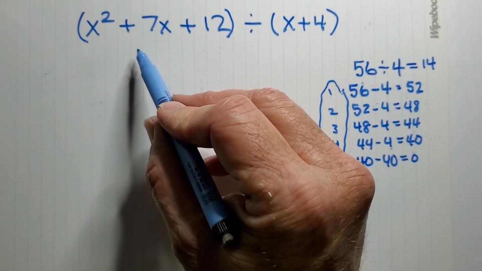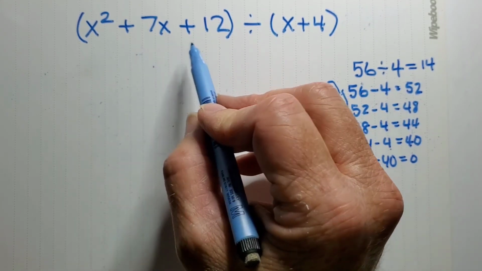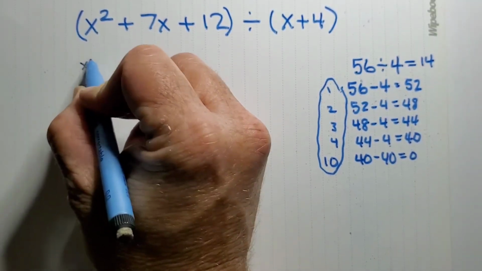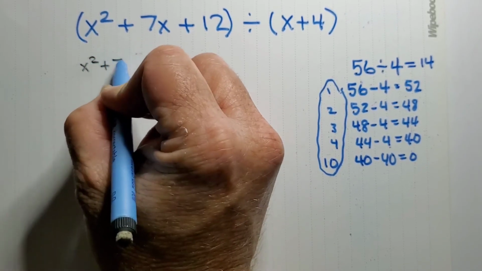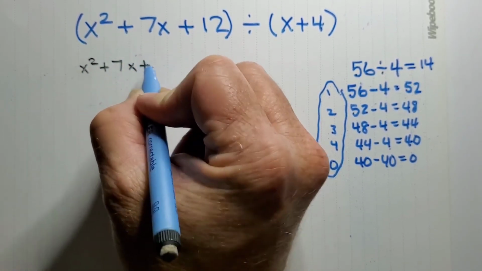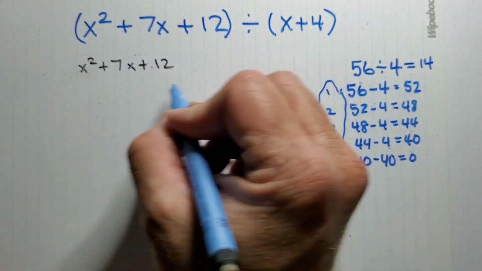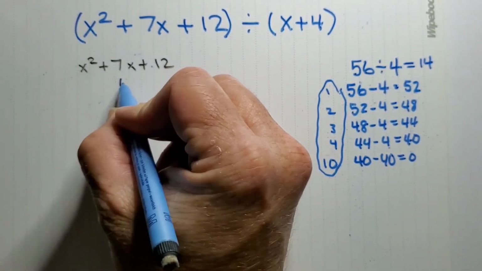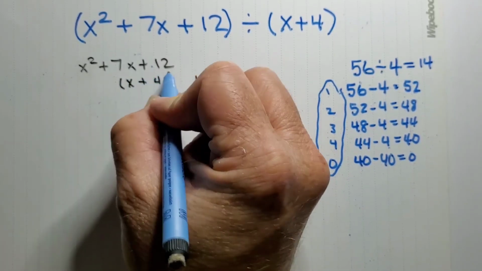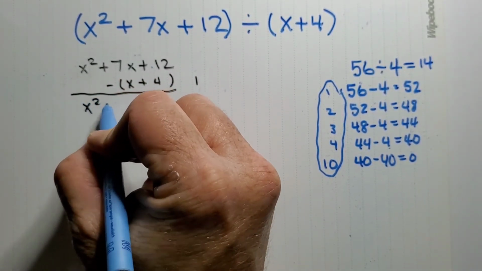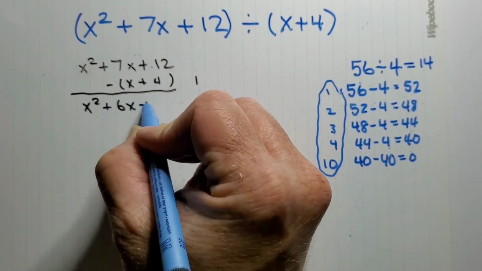I can use the same idea to do this division problem involving algebra. If I have x squared plus 7x plus 12, and I want to repeatedly take out an x plus 4, well, I'm going to take out one x plus 4, and that would leave me with x squared plus 6x plus 8.